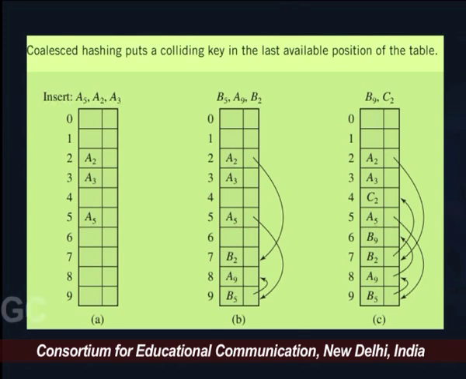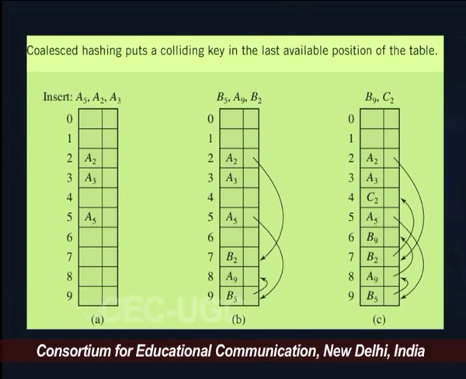Similarly, for B9: A9 is available at 8, and from A9 there is a link to B9. In this way this kind of hashing is maintained, in which a colliding key is placed in the last available position of the table. Whatever is the last position available, that position will be given to the colliding key. So, this is also one method in which we can implement the chaining.